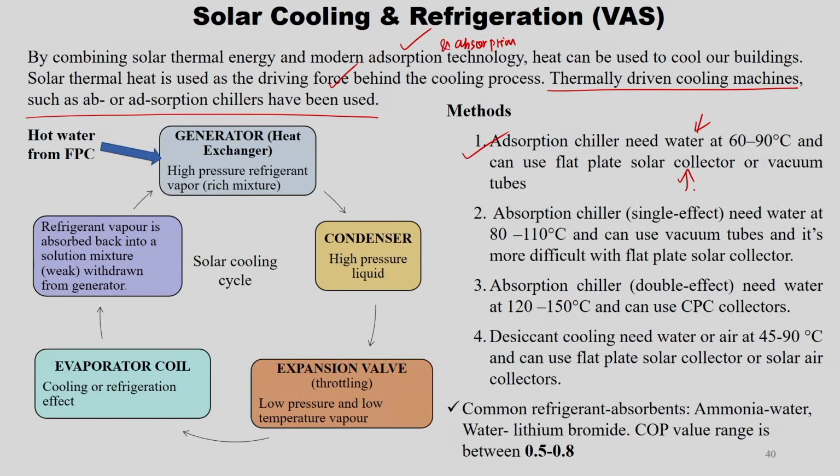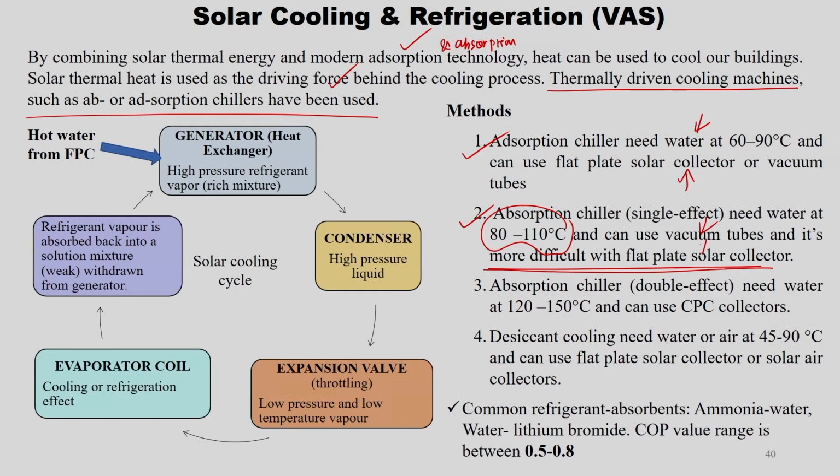So, we can use flat plate collector or vacuum tubes, which is nothing but ETC. If you need an absorption chiller of single effect, in the sense that here we have seen only one set of components, then you can use the flat plate collector, which is a bit difficult because it needs the water to be evaporated at 80 to 110 degree centigrade, which vacuum tubes can provide comfortably. If the flat plate collector is not able to provide the heat to evaporate the water at 110 degrees, then it may be a problem.